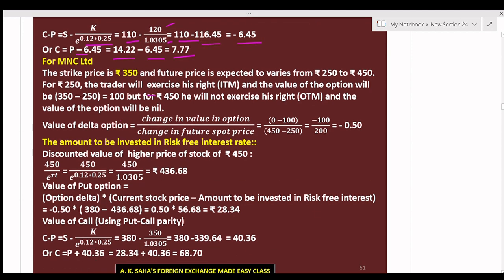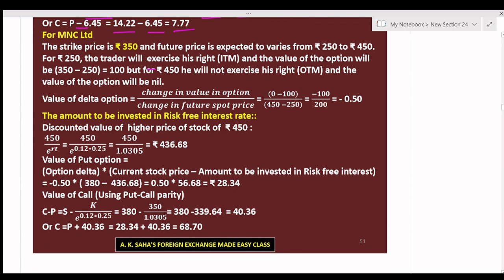For MNC Limited, the strike price is 350 and the future price is expected to vary from 250 to 450. For 250, the trader will exercise his right because it is ITM and the value of the option will be 350 minus 250, which is equal to 100.